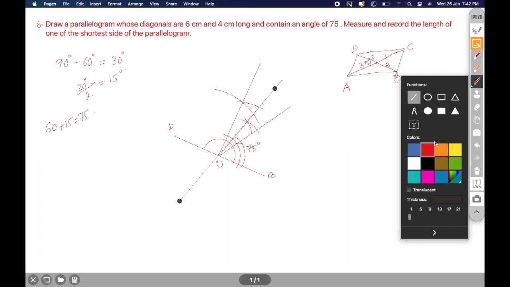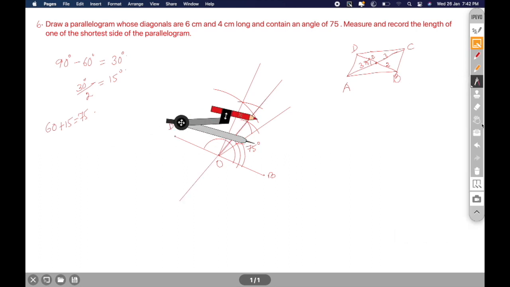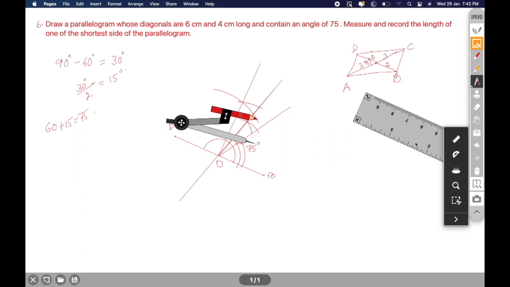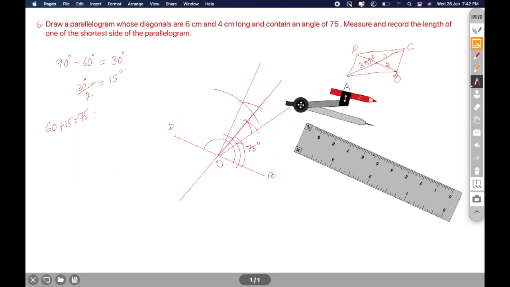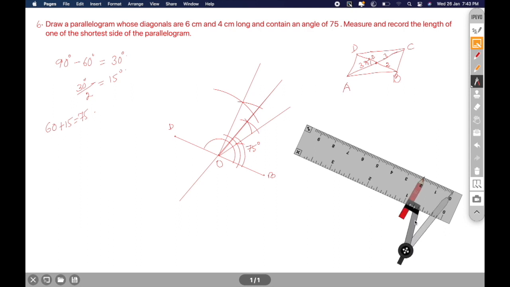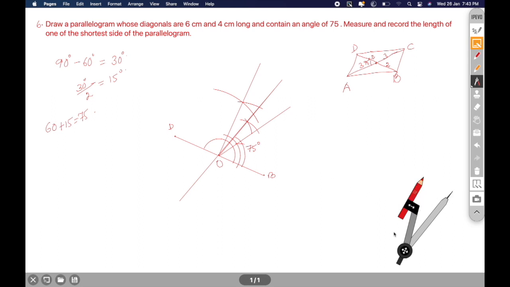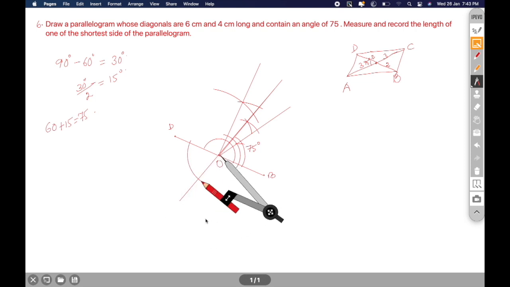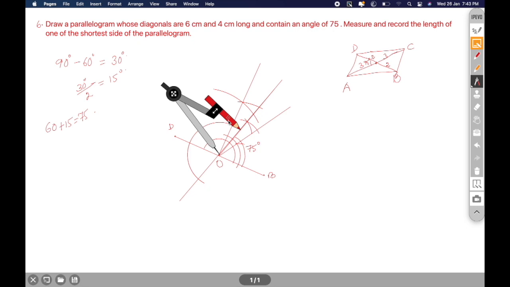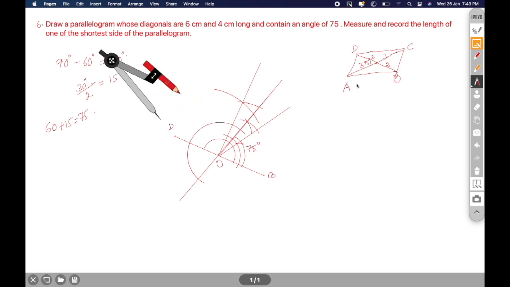Now with the help of a ruler and a compass, we will measure 2 centimeters. So after measuring 2 centimeters, we have to draw an arc here. So the other diagonal is also obtained now.